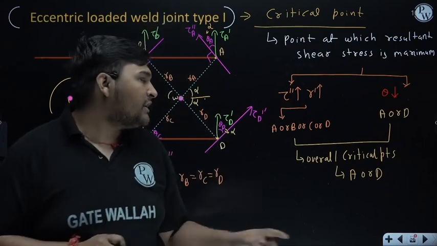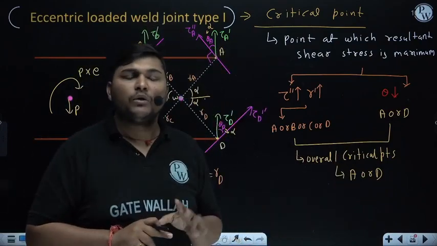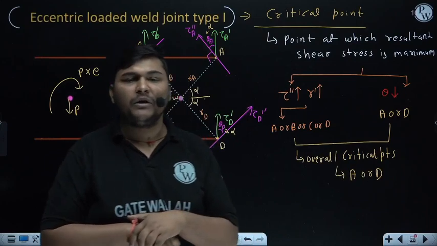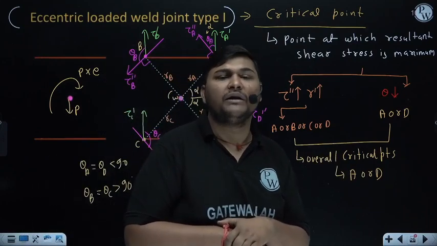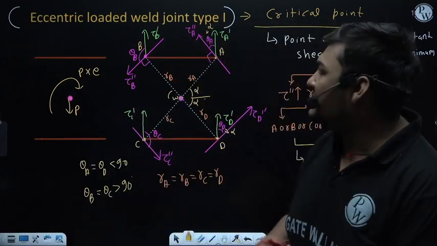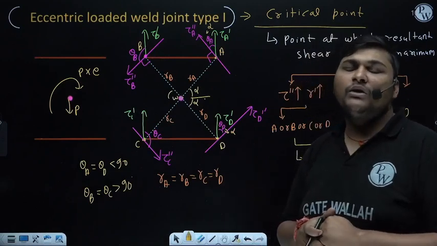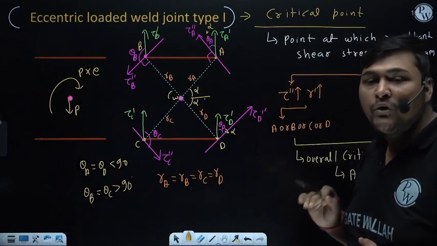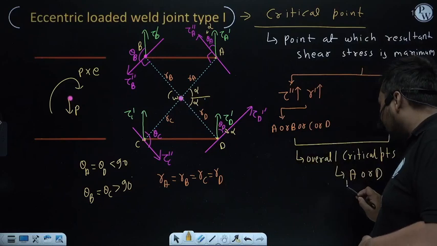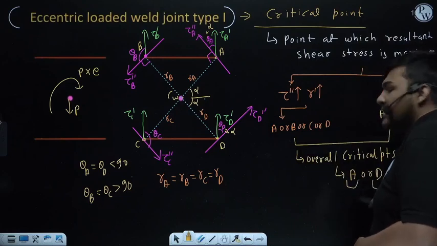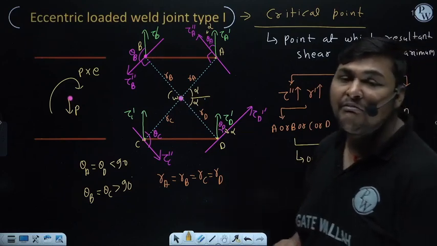So if you are designing, you can take A as the critical point, or you can take D as the critical point, because A and D are equally critical. So the overall critical point in this welded component is A or D. When designing, you will calculate the resultant shear stress at point A or point D, and that resultant shear stress of the critical point will be the maximum shear stress.